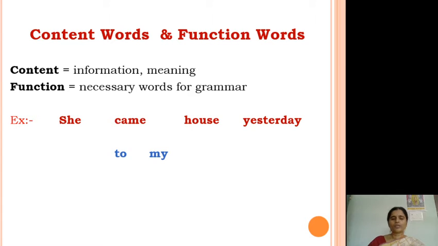So these words, function words, are necessary to glue up or link up the content words to make a complete sentence. Now let us add these two words to these content words. See, she came to my house yesterday. Now it is giving a complete sense, meaning it is grammatically correct.